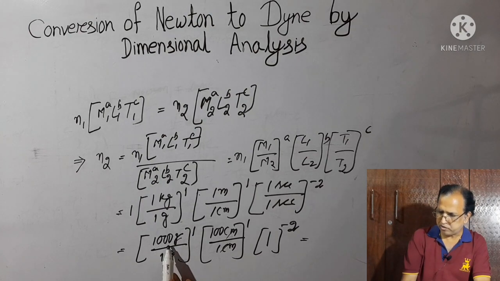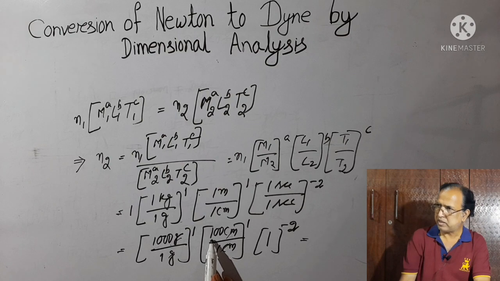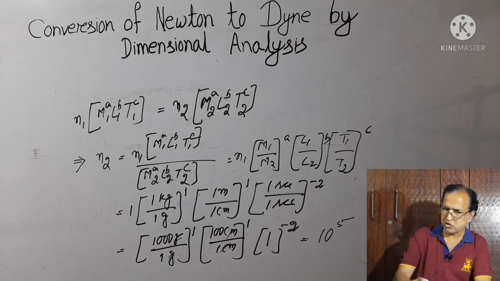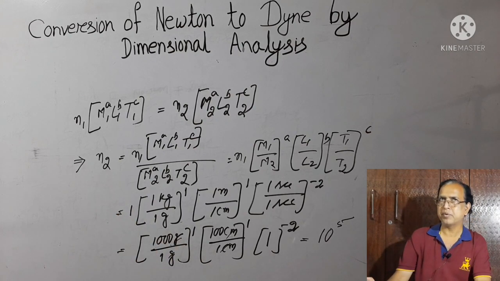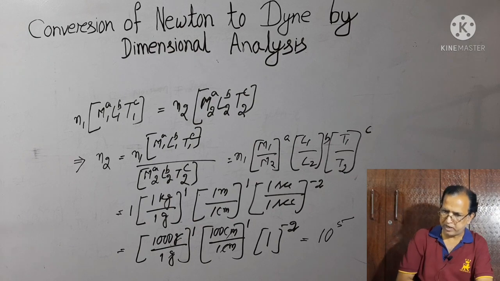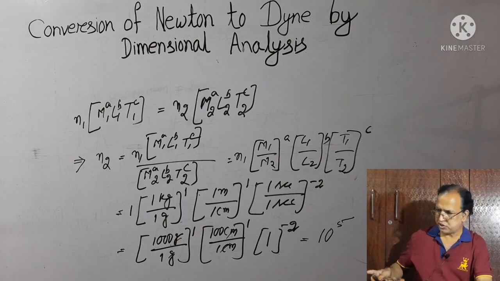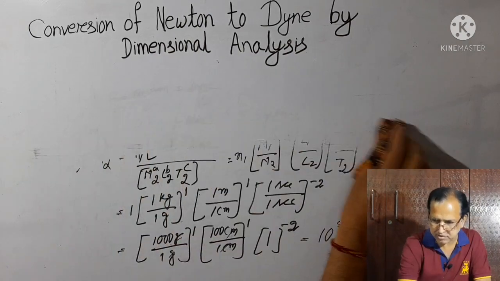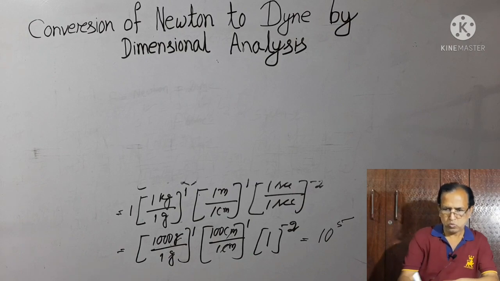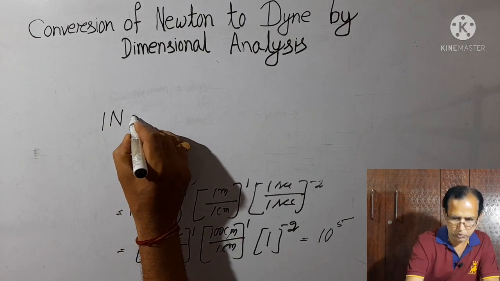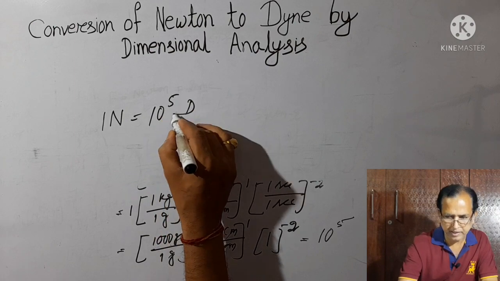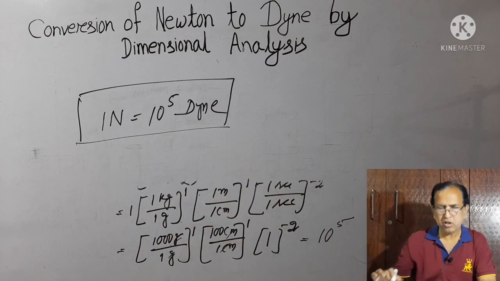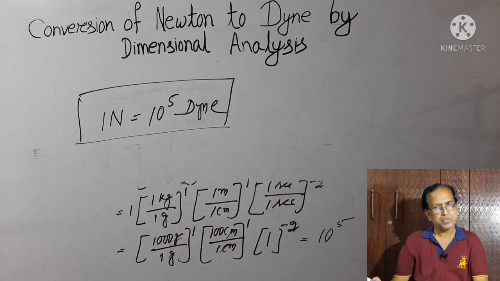So 10 to the power 3 and 10 to the power 2, that means 10 to the power 5. So N2 is equal to 10 to the power 5. That means 1 Newton is equal to 10 to the power 5 dyne. This is the relation between Newton and dyne.